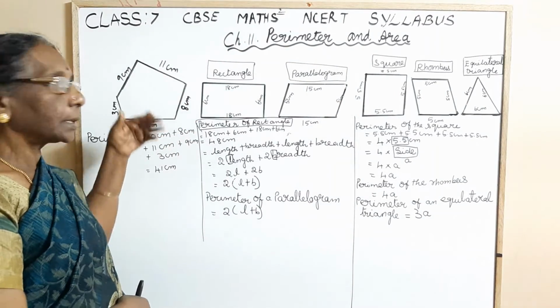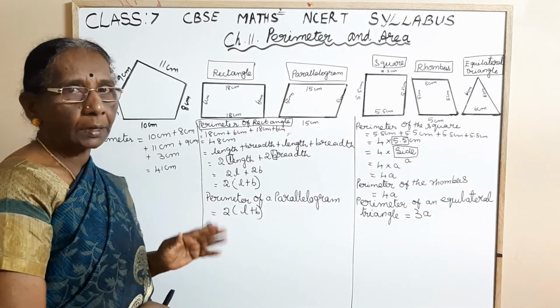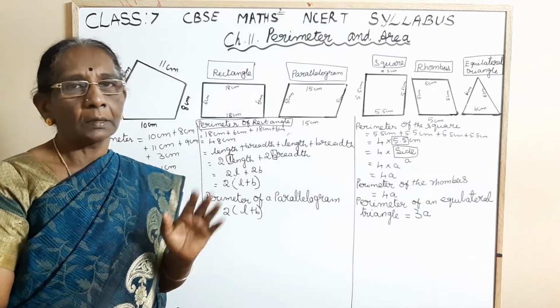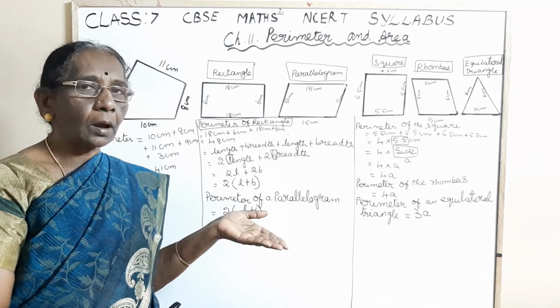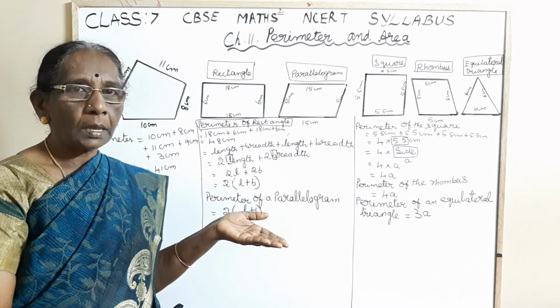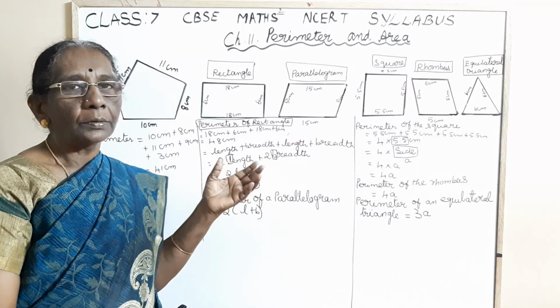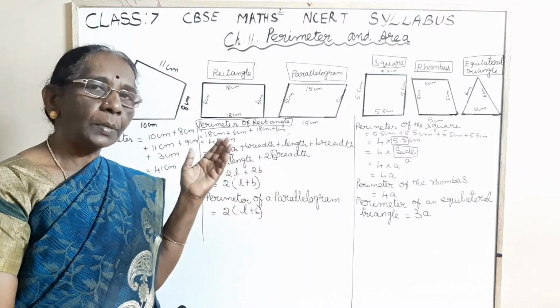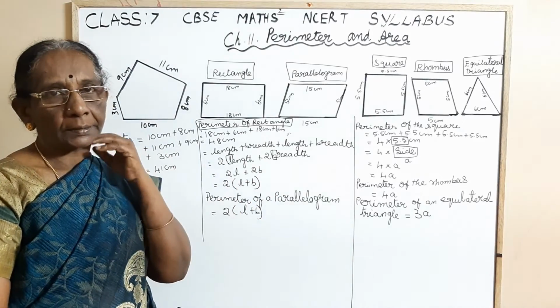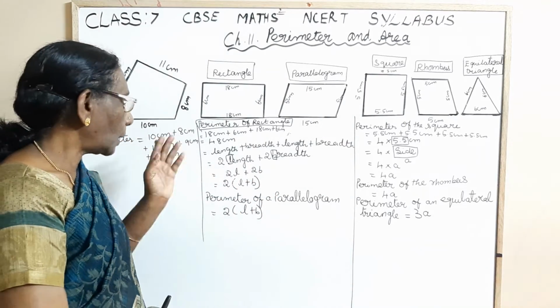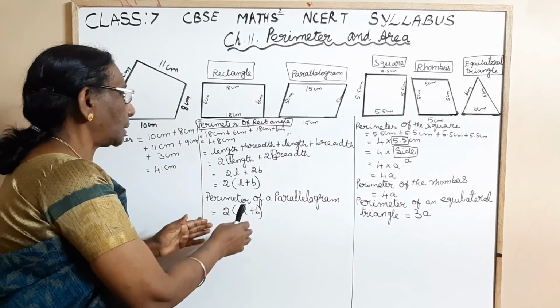But if the sides are equal in a pentagon, you can write 5A. If it's a regular hexagon, 6A. So the general formula for regular polygons is number of sides into length of the side. You understood, children?